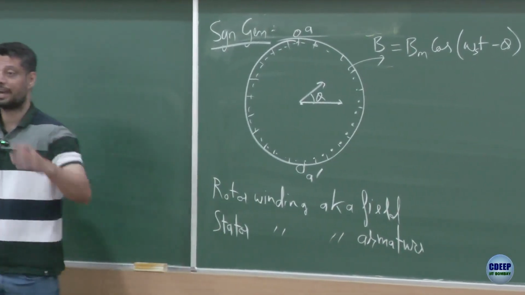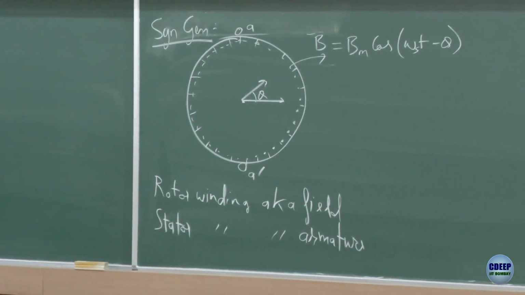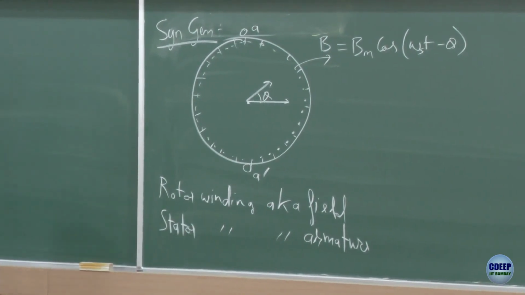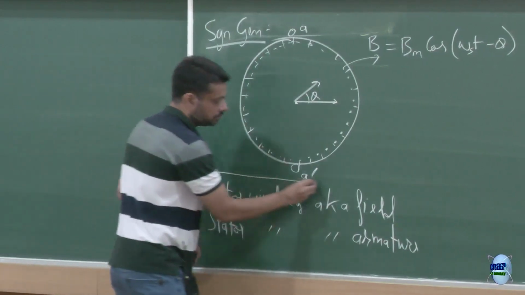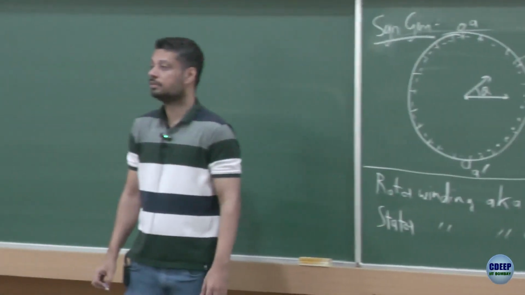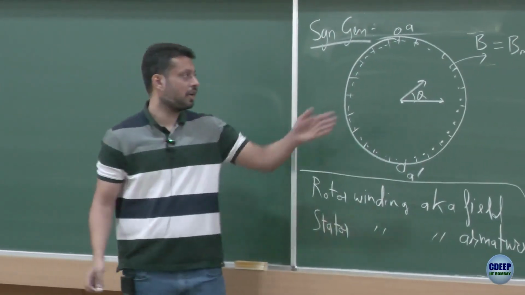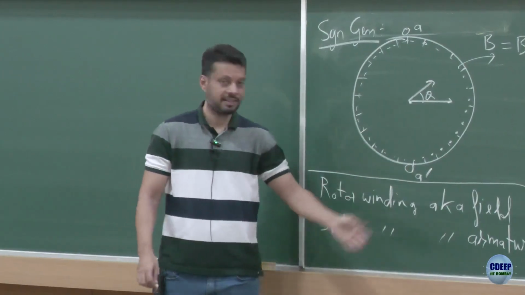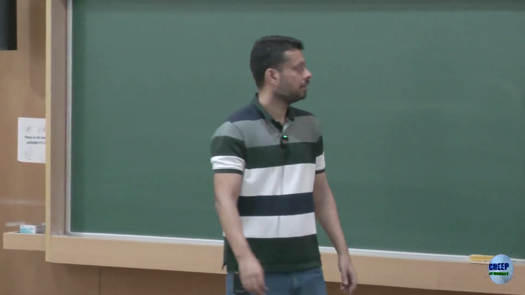In a DC motor, the permanent magnets used to be on the stator, which would produce the field, and the load actually got connected through the rotor winding, which was rotating. So in this case, it's the other way around. Is that okay? The terminology field winding means the one which is predominantly making the field, and the armature is the one which is predominantly feeding the load, where the load is connected.